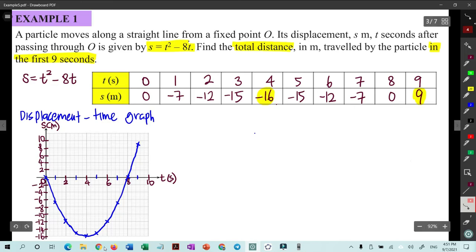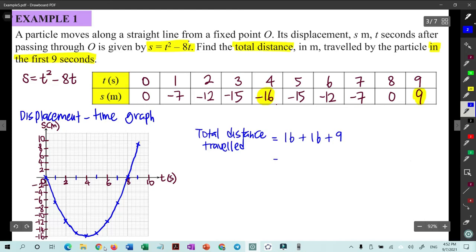And later, from the 8th second to the 9th second, it moved another 9 meters. So therefore, the total distance traveled for the first 9 seconds is 16 plus 16 plus 9, which equals 41 meters.